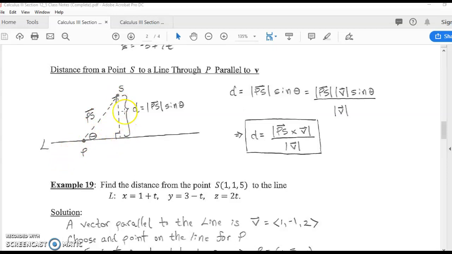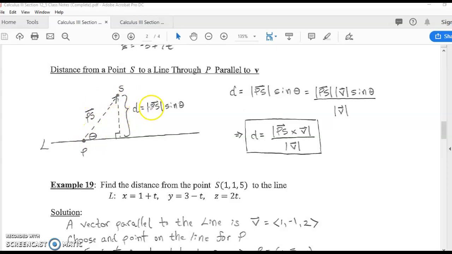Okay. So if I look at this triangle, if I think of the vector PS and the length D here, the sine of the angle theta, which is the angle between the vector PS and the vector V, which is parallel to L, sine of theta is D over the length of PS.